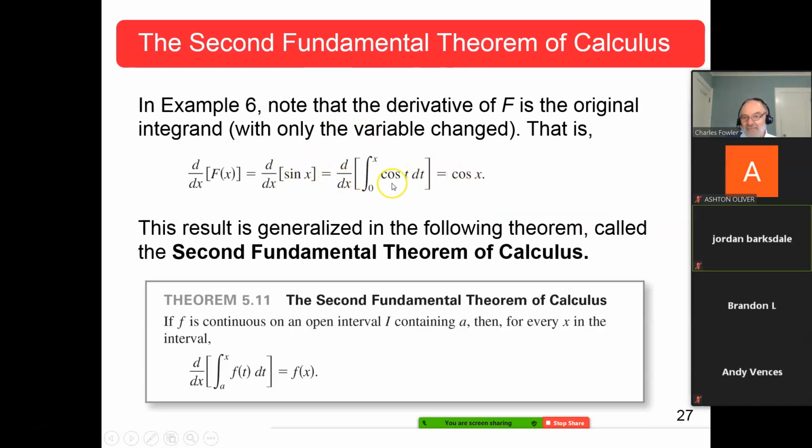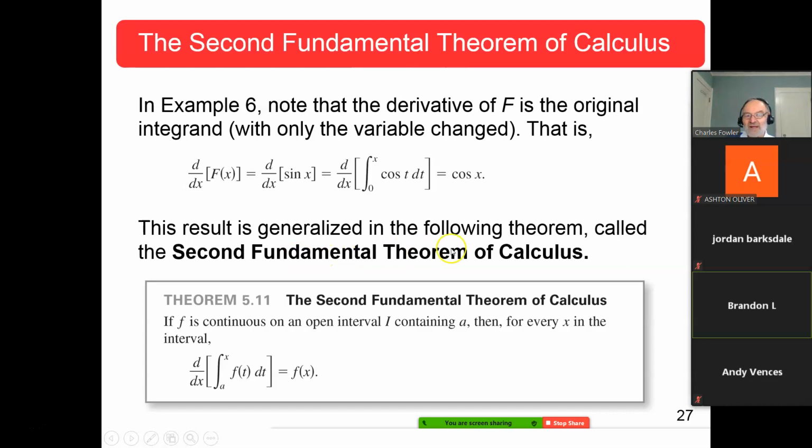Well, that was this. The derivative of an integral gives you what was on the inside. Oh, wait a minute. Isn't that a lot like an inverse? But they're not inverse functions, they're inverse operations of each other. An integral is an operation, a derivative is an operation.